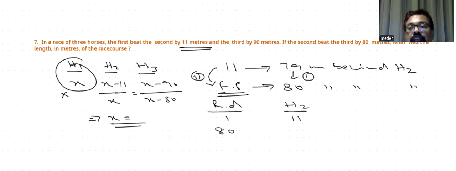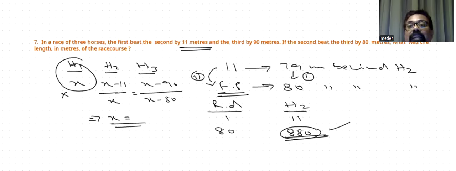So horse 2 traveled 880. In the second situation, horse 2 reaches the finishing point, so 880 is the length of the race. That's all. What we have done is the comparison of distance. By the time the second horse covers this 11 meters, the distance between the second horse and the third horse increased by 1 meter more.